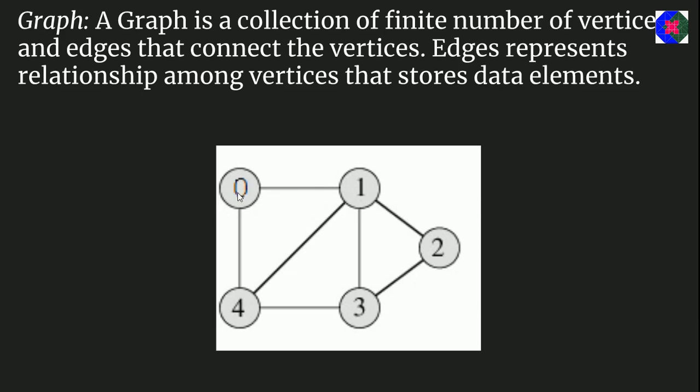Suppose teacher A takes a class in node 0. So now as node 1 and node 4 are connected with 0, the teacher A will also take his classes in node 1 and node 4. Same, if teacher B takes a class in node 1, then as 0, 4, 3 and 2 nodes are connected with node 1, hence the teacher B will also take his classes at node 0, node 4, node 3 and node 2.